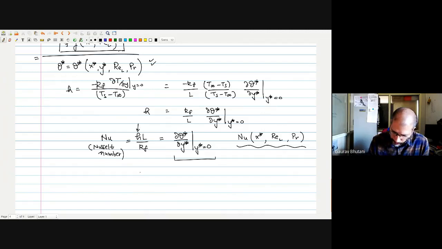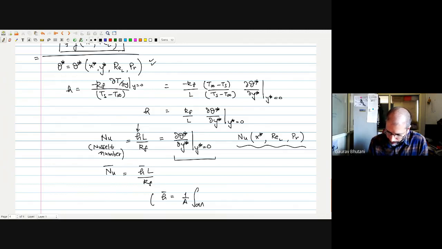If we have the h bar given to us for a given length of the plate, we can write the corresponding Nusselt number as Nu bar, the averaged Nusselt number. Since you know that h bar was given as 1 by A integral h dA, just recalling the definition of h bar.